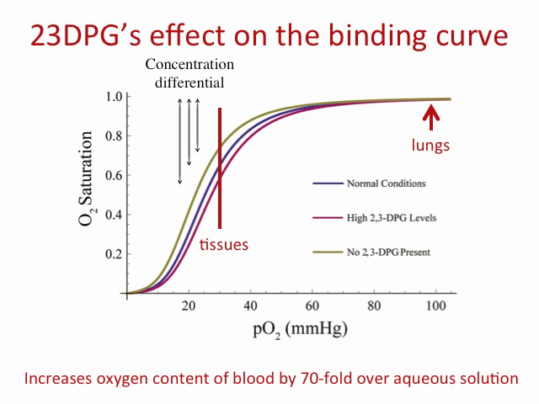Hemoglobin, we should note, increases the oxygen content of blood by almost 2 orders of magnitude over aqueous solution. Oxygen is very sparingly soluble in water at about 7 ppm at 37 degrees, where ppm is part per million.